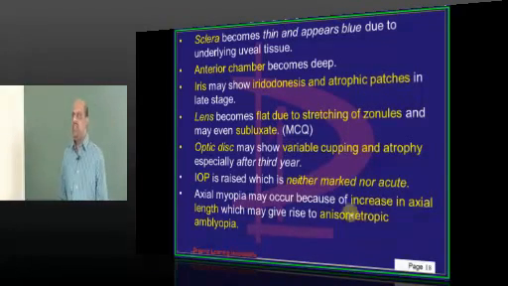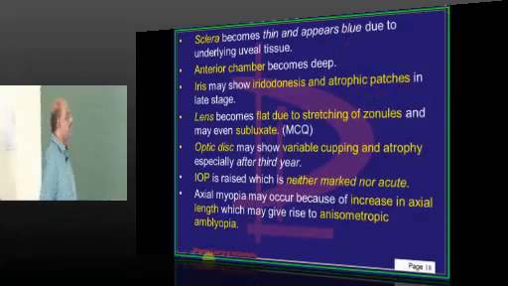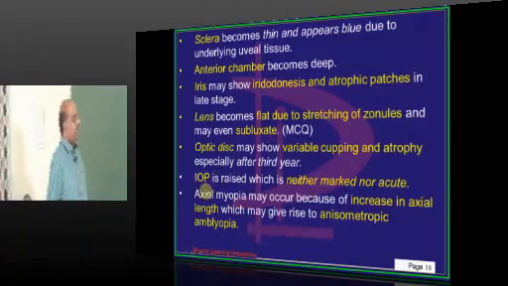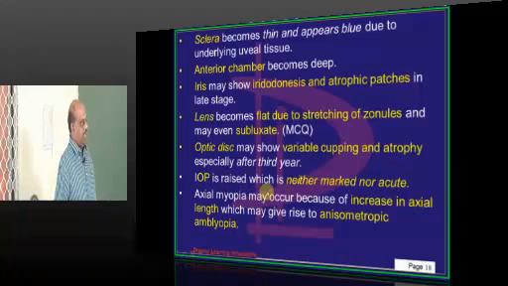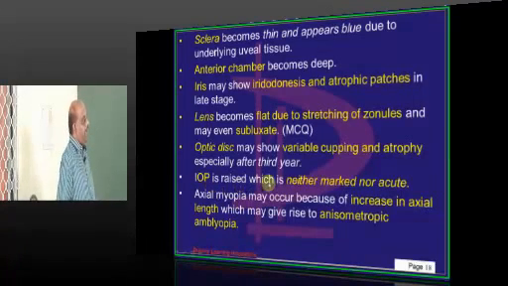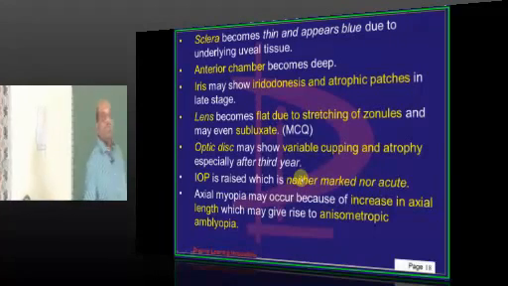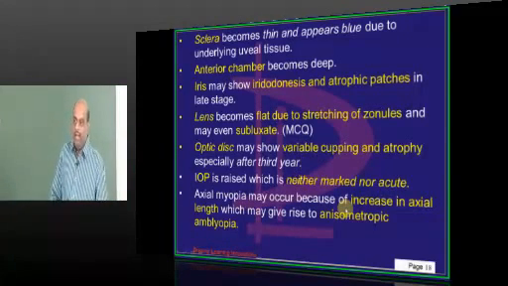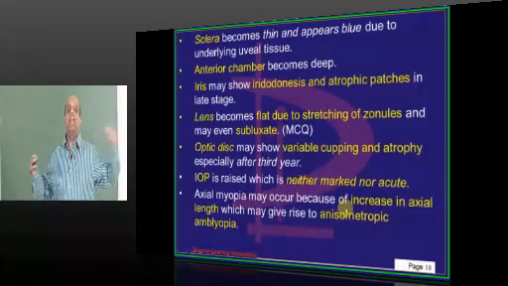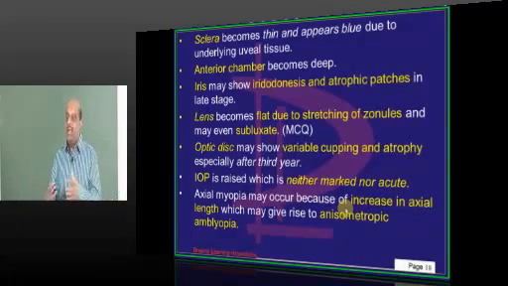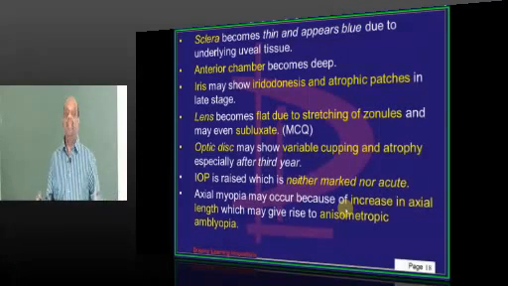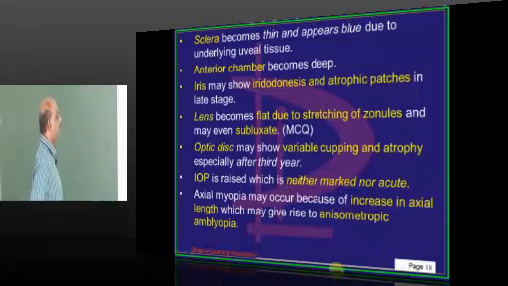The optic disc will show cupping like any other glaucoma. And if you look at the intraocular pressure, the IOP is raised. But unlike closed angle glaucoma, it is not a marked rising. It is not an acute rising in case of congenital glaucoma.